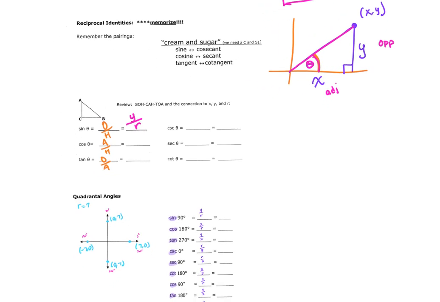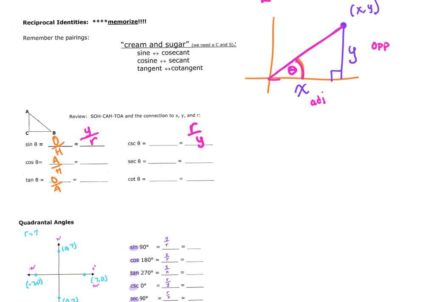Obviously, what that means for the cosecant is that we're going to do the radius over y. No, you don't need to memorize that, but you need to know that cosecant's the reciprocal of sine, so you can flip it.